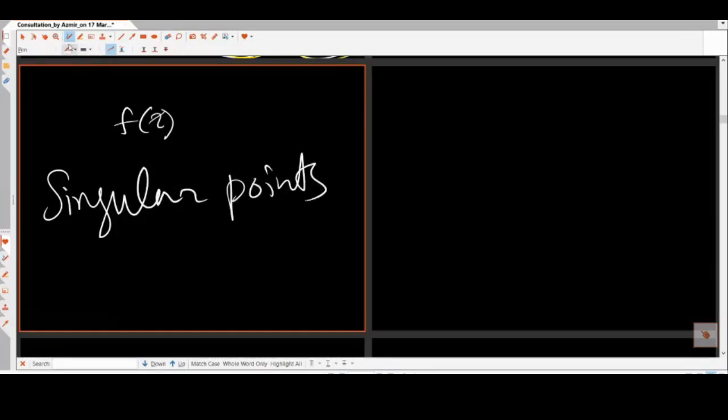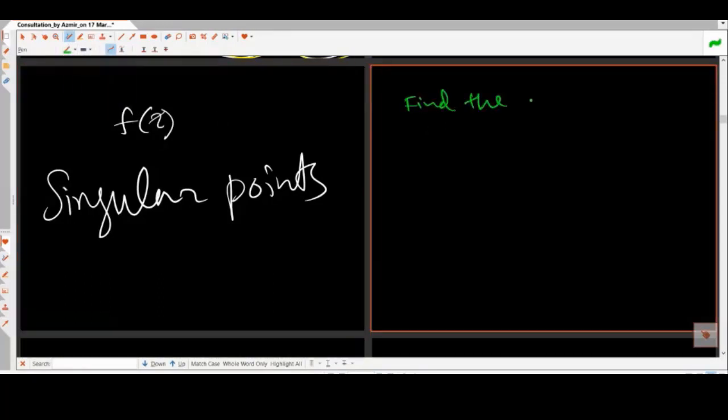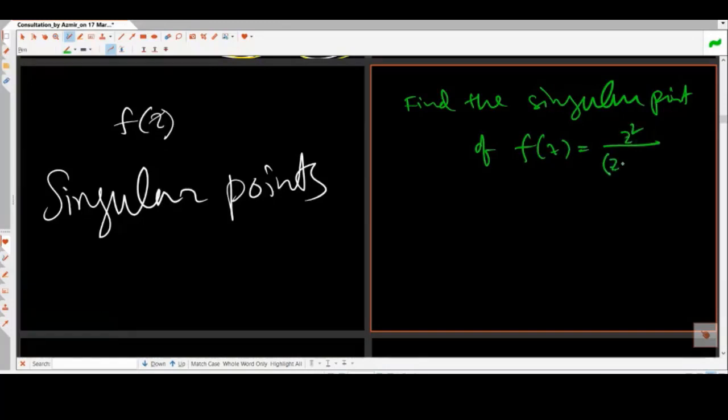If I ask you to find the singular points of f(z) = z squared over (z − 1)(z − 2i) squared, then for finding the singular points, we will apply this technique.